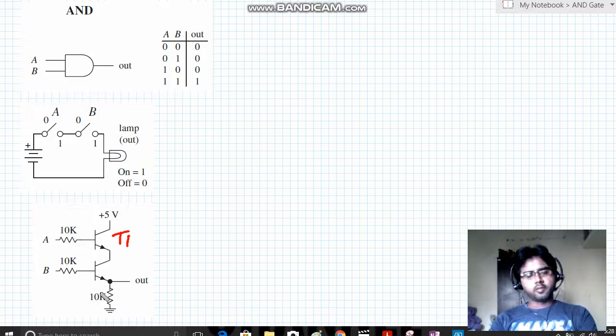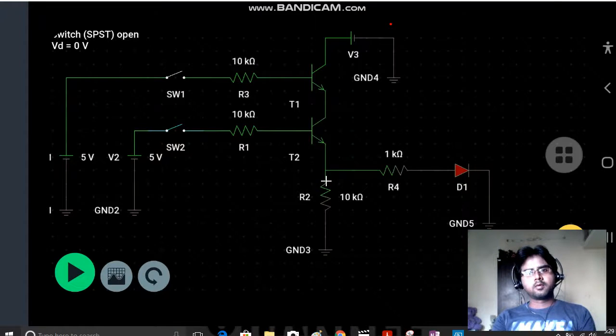Now we are going to simulate this transistor analogy and see how this is going to work. This is the transistor analogy for AND gate. This is the transistor T1 and T2, both are NPN transistors.